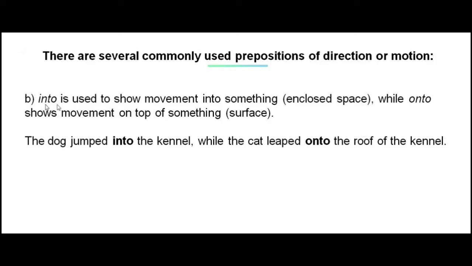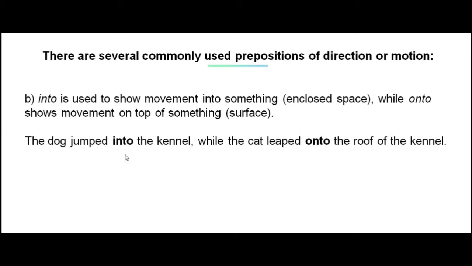B. Into. Now, into is used to show movement into something, enclosed space, while onto shows movement on top of something, the surface. Have a look at the example below. The dog jumped into the kennel while the cat leaped onto the roof of the kennel.